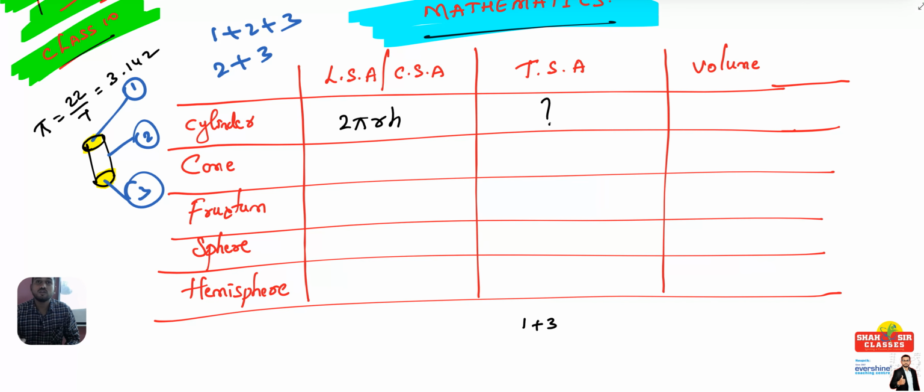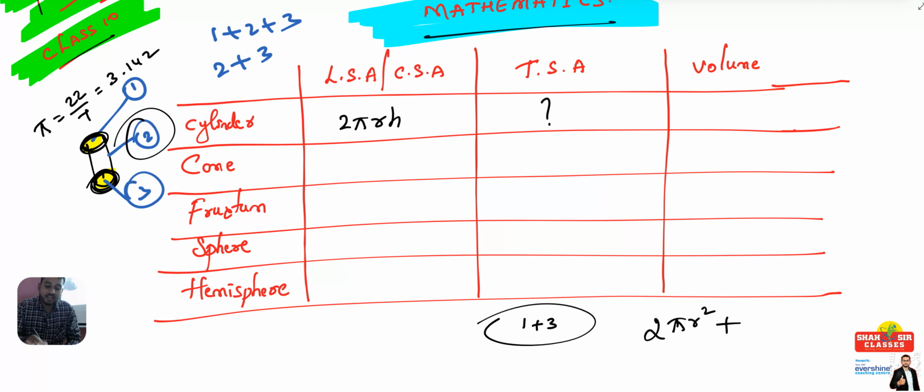What is the formula to find surface 1? Pi r square, not 2 pi r. We are finding the area of the circle, not the circumference here. This complete area is 1 pi r square. 1 pi r square plus 1 pi r square is 2 pi r square, plus this lateral surface, 2 pi rh.